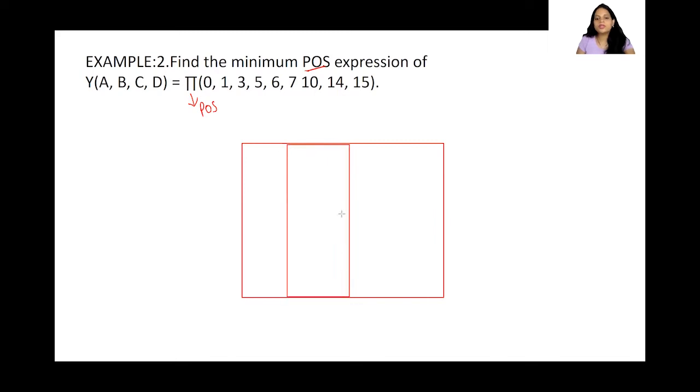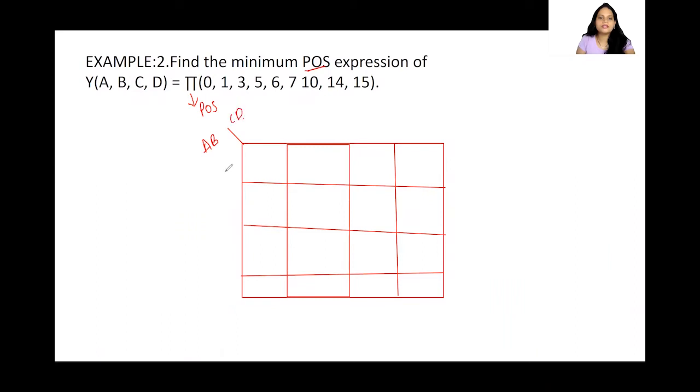So 1, 2, 3, 4. 1, 2, 3, 4. How do we write the values in this? So let's write, it's going to be A, B over here and C, D here, isn't it? So this is 0, 0, 0, 1, 1, 1, 1, 0, 0, 0, 0, 1, 1, 1, 1, 0.